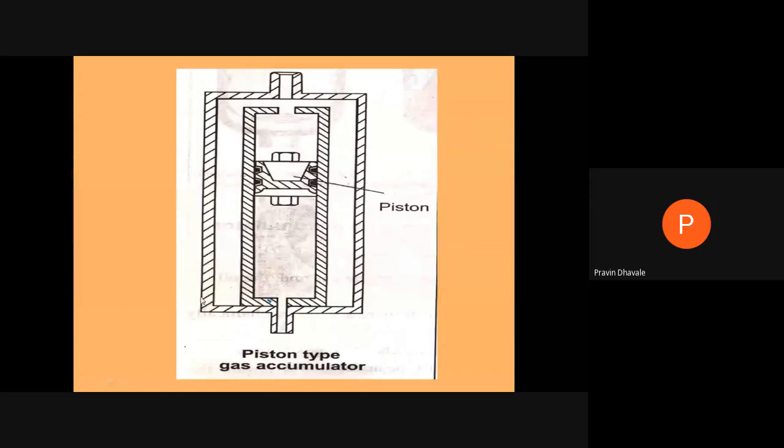At the bottom portion, the fluid coming from the pump enters the cylinder. At that time, the gas at the top exerts pressure on the upper side of the piston, so whatever fluid is in this accumulator is under pressure.